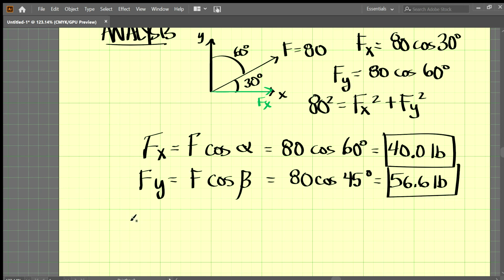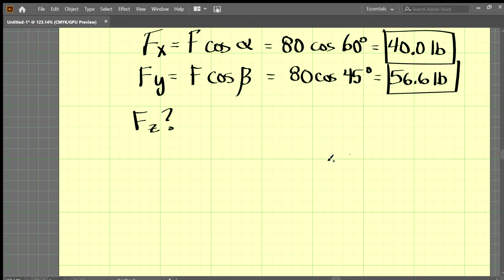Now we haven't figured out Fz. And thinking back to the 2D problem, we can use the Pythagorean theorem here to figure it out. So what we have is our total vector F squared must equal the Fx component squared plus the Fy component squared plus the Fz component squared.